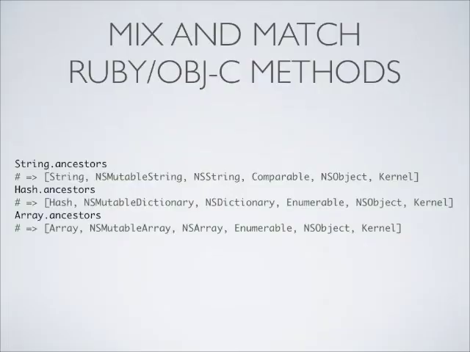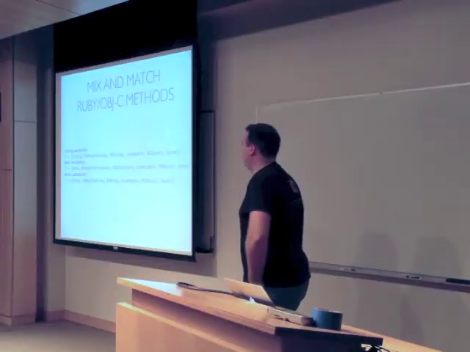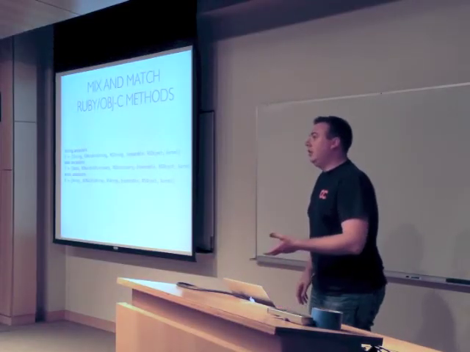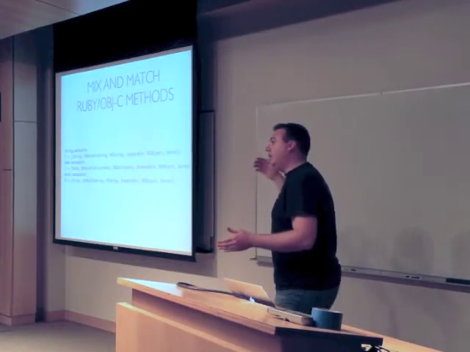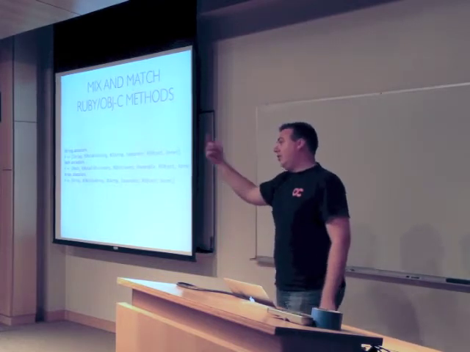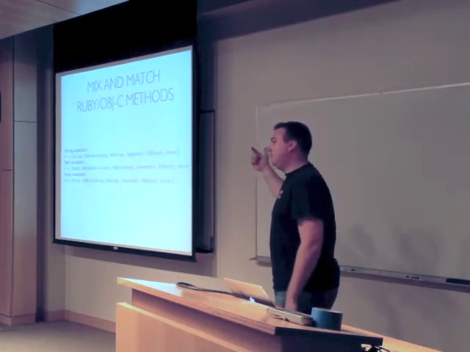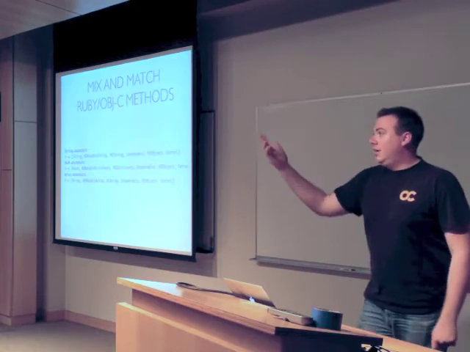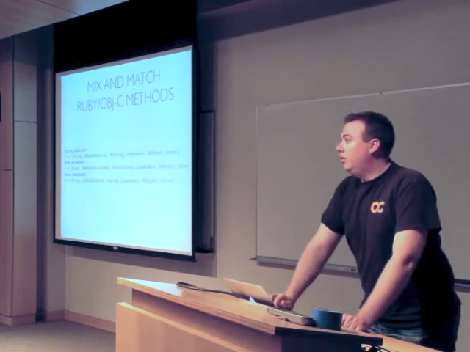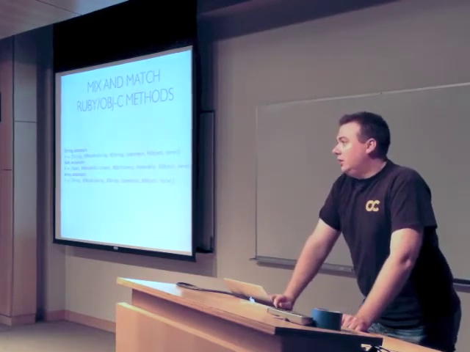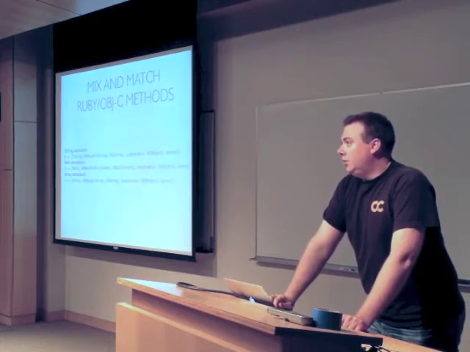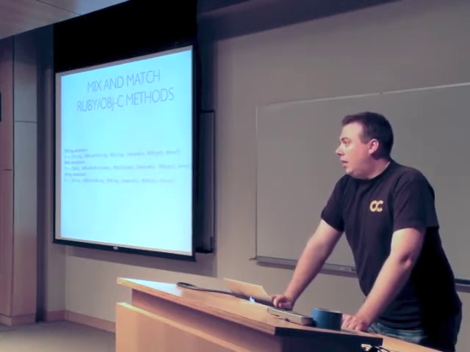The reason that this is like this is if you just call string.ancestors, so the class string calling its ancestors, seeing its hierarchy, it throws in all of Apple's class types in there. So you get all the methods that come with those classes. NSMutableString, NSString, NSObject are all Apple.